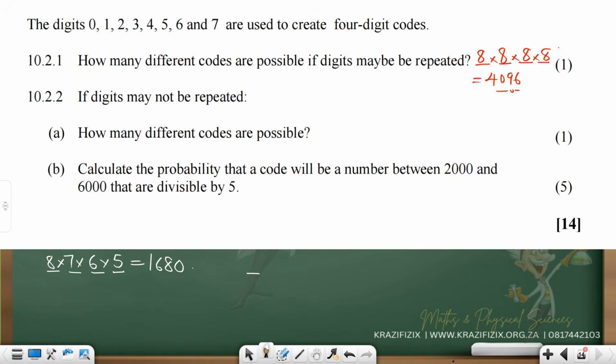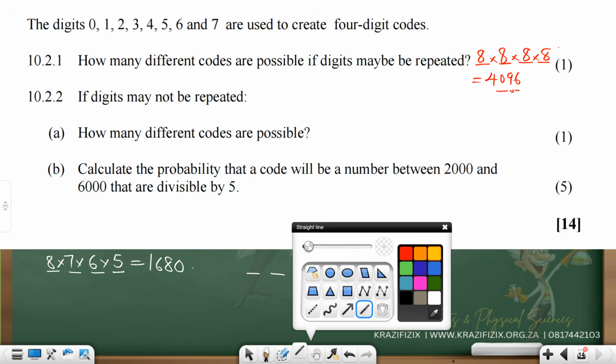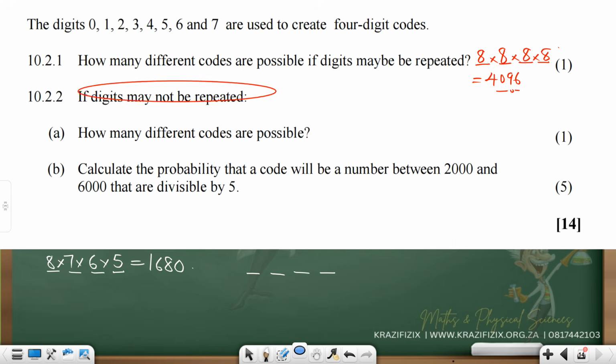The code must be between 2,000 and what? 6,000. But don't forget, may not be repeated. If this number has to be greater than 2,000, I cannot start with a 0 and I cannot start with a 1. Does that make sense? Because if I start with a 1, how is it greater than 2,000? There are 4 digits.